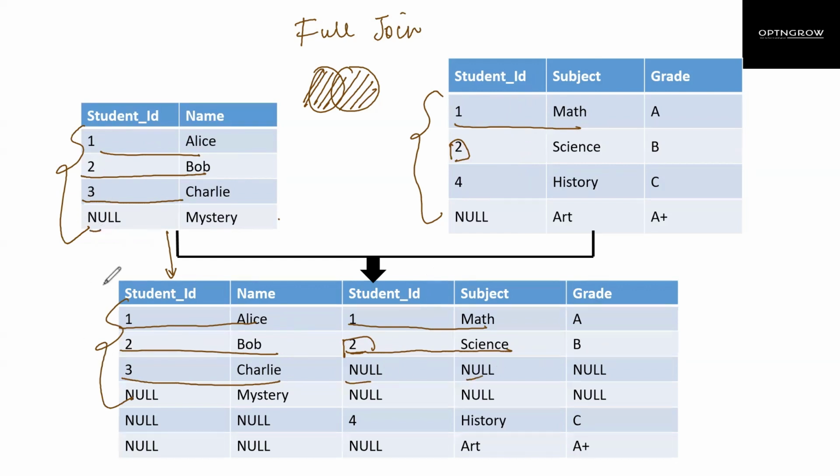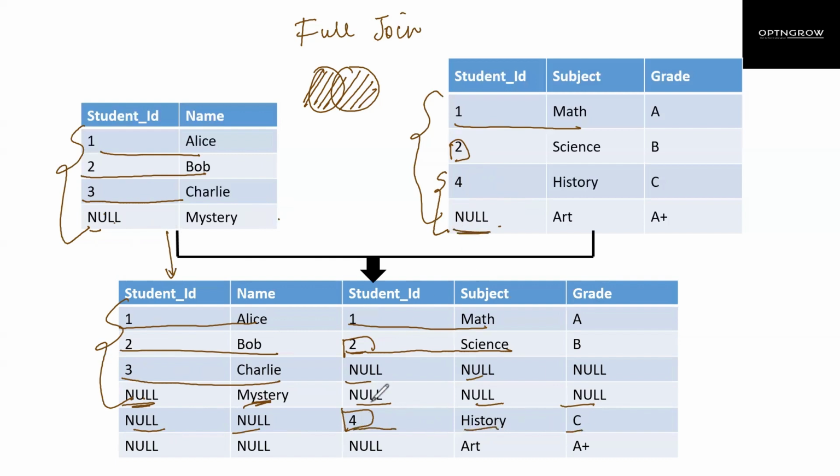Now for this null, this record is from the student table. But as I told you, null is not equal to null. So we are having null, null over here from the right table. Now in case of right table, we are left with these 2 rows. So here we are having this row. Again, 4 is not a common value between the two tables. So we are getting null from the left table and all the column values from the right table.